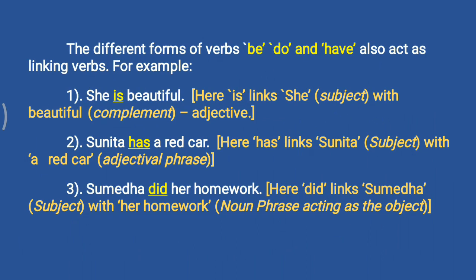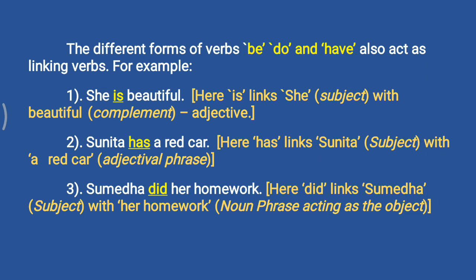The different forms of the verbs be, do and have also act as linking verbs. For example, she is beautiful. Here is links she, the subject, with beautiful, that is the complement. Sunita has a red car.